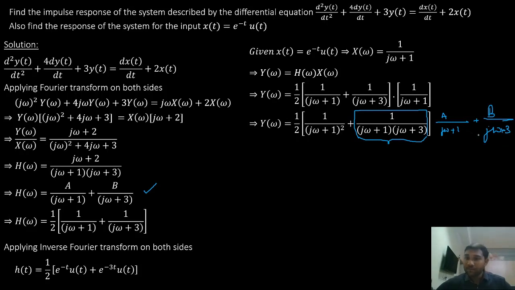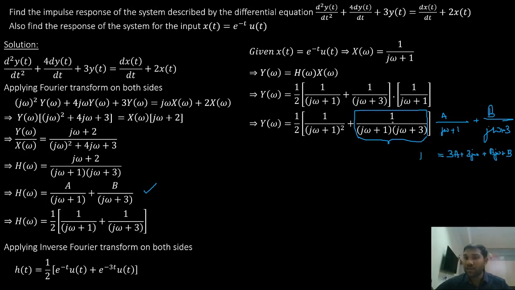If I write this and take the LCM, the numerator is 3a plus 3j omega... plus a j omega plus b, and that is equal to 1.